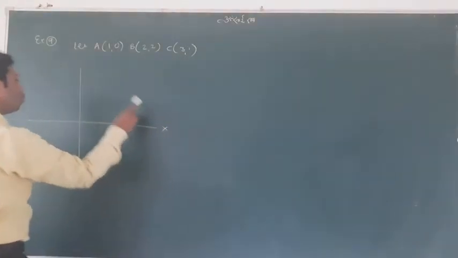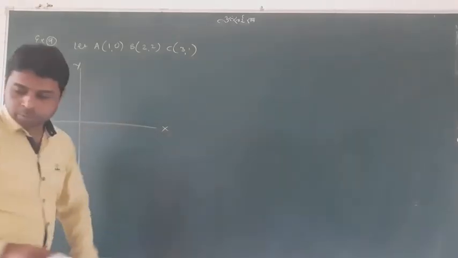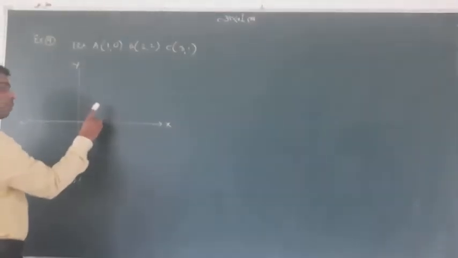So these are the axes, and this is (1, 0). It's definitely here.